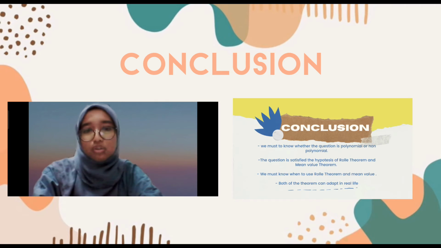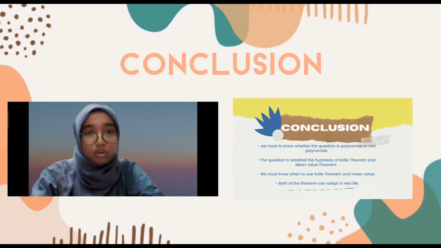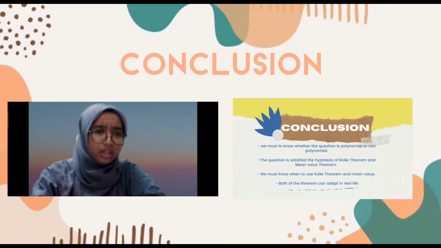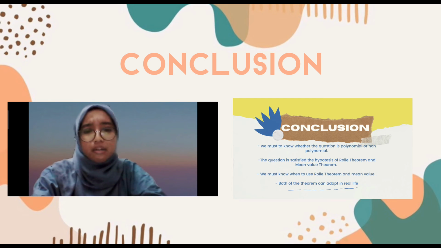So it shows that this function on this interval satisfies the hypothesis of Rolle theorem. We can conclude that Rolle theorem says if a continuous and differentiable function attains the same value at different points, there must be a stationary point, which is where the derivative equals 0, in between.